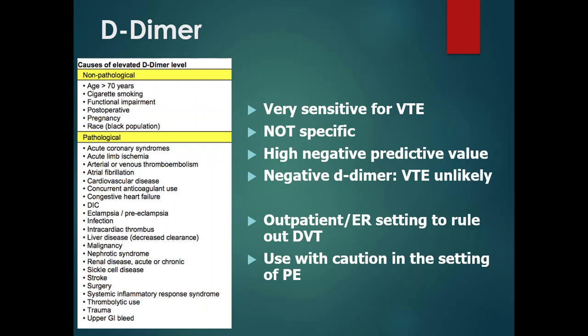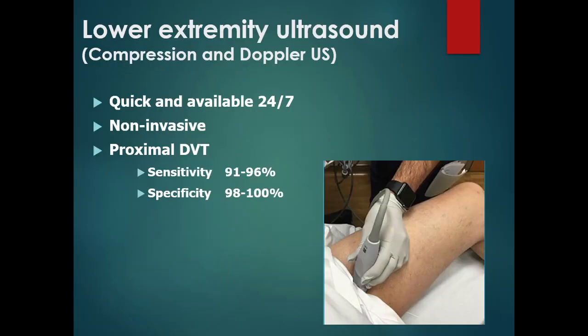So in the outpatient ER setting, it is used to rule out DVT rather than in the inpatient setting where other things can cause an elevated D-dimer. But I would use it with caution to rule out pulmonary embolism. So let's stick with DVT. One important lesson about the D-dimer is that a positive D-dimer is non-specific and should not be used to think about pulmonary embolism.